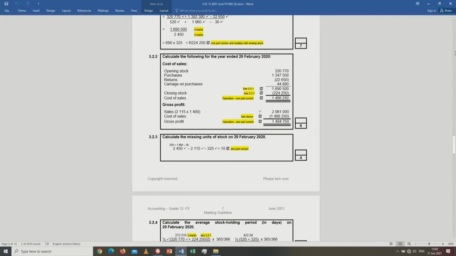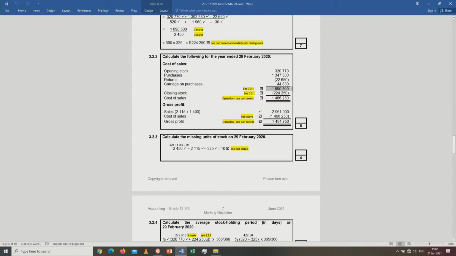3.2.2, cost of sales, like I said to you: your opening stock plus your purchases minus your returns. My carriage is now shown separately in this one, gives you 1,690,500. Can you see it's the same 1,690,500 that you have up there, right? Then we subtract our closing stock, which is also the same closing stock value that we have up there, right?